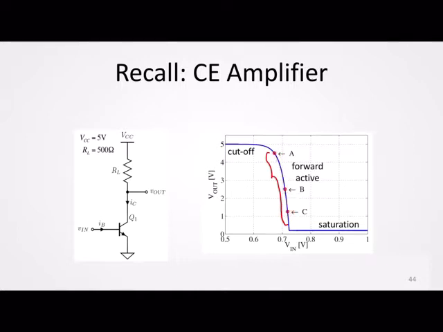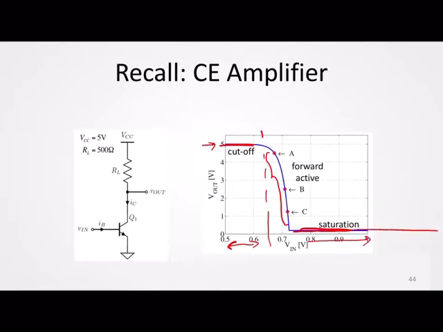But if we look at the other regions of this voltage transfer characteristic, if we look at the region where it is cut off, the voltage levels at the input are low, but the output is high, 5 volts. And then if we look at the region when the BJT is in saturation, you could actually extend this.